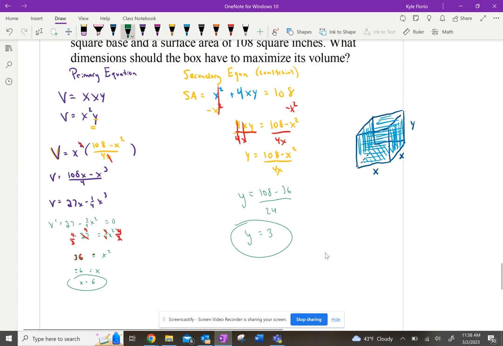So that's what the dimensions are of the box, and I wanted to check it just so we can be in agreement here. 108 minus 36 is 72, and then 72 divided by 3 is 24. Okay, so we're good.